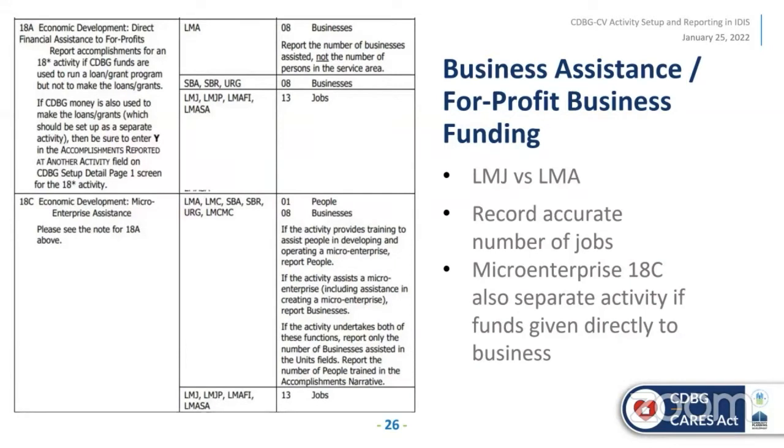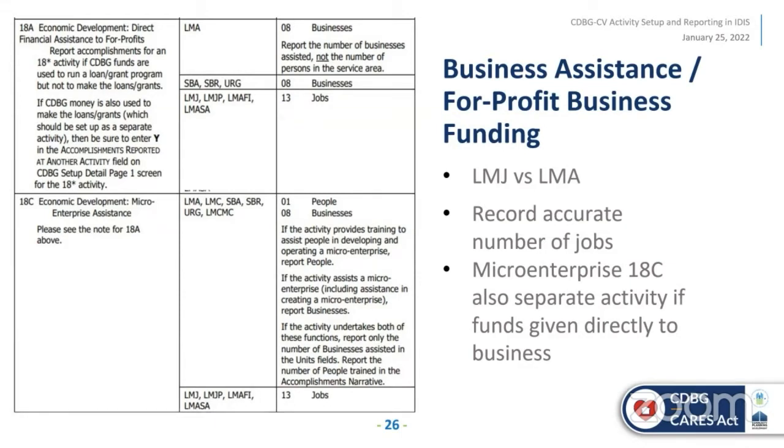You want to make sure too that if you are using jobs, that you're recording the actual recorded number as opposed to putting in, you know, 1 and closing out the activity. Really do try to count that. That's important for the future use of CDBG, showing the real accomplishments with the money. And so make sure that you're using your paperwork and really documenting jobs retained or jobs created.